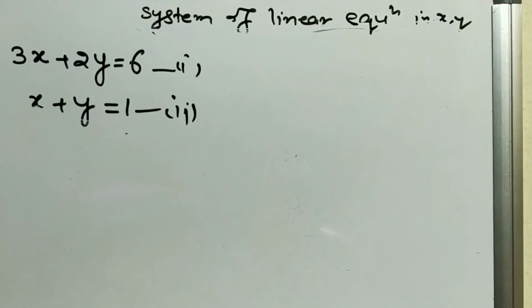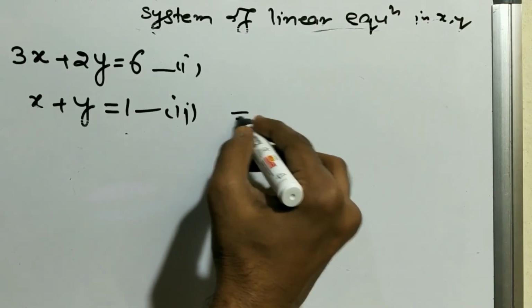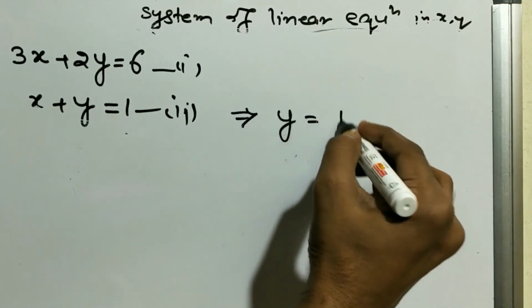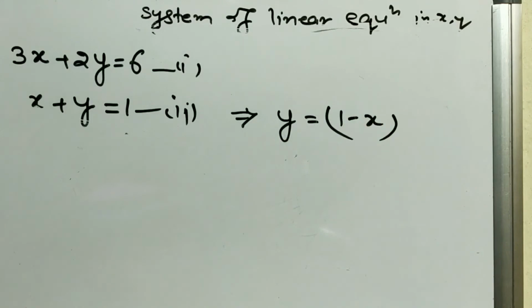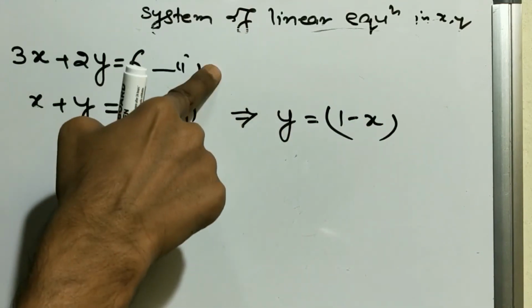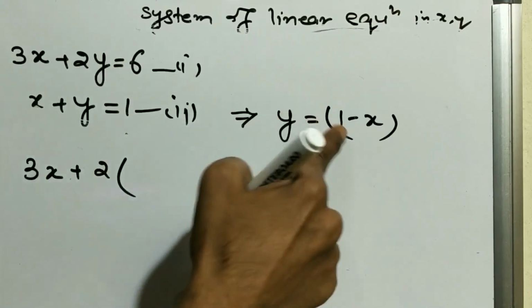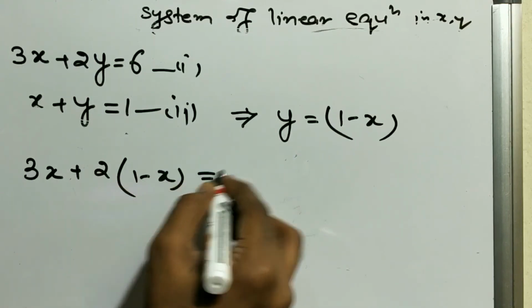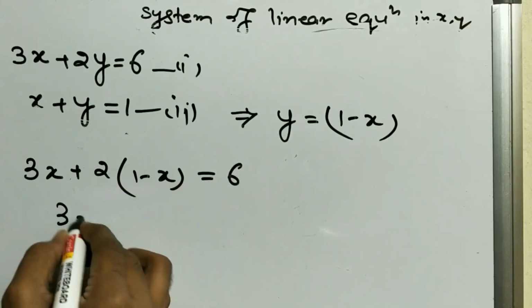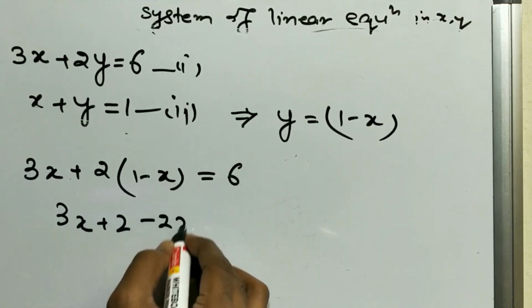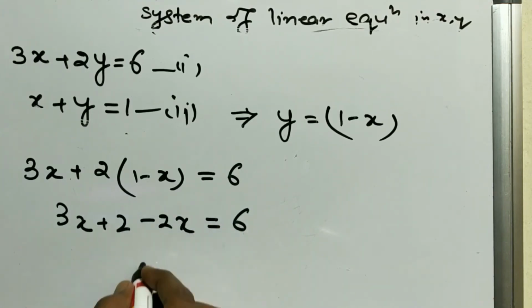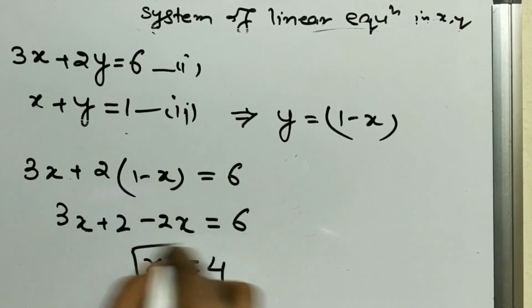Now we will solve the same set of linear equations by the substitution method. In the substitution method, we represent one variable in terms of another. For example, from the second equation, we can say that y is equal to 1 minus x. Putting this value of y in the first equation, we have 3x plus 2 into y is equal to 6, which means 3x plus 2 minus twice x is equal to 6, which means x is equal to 4.